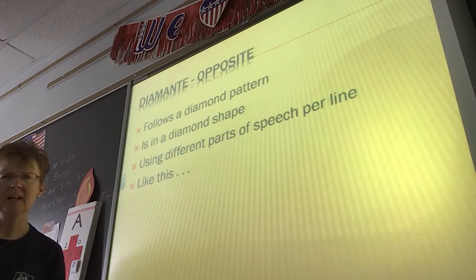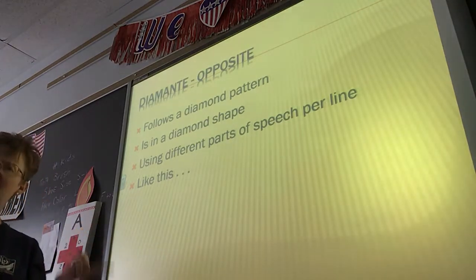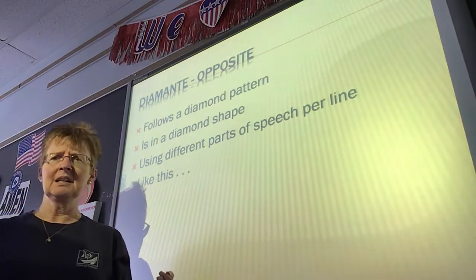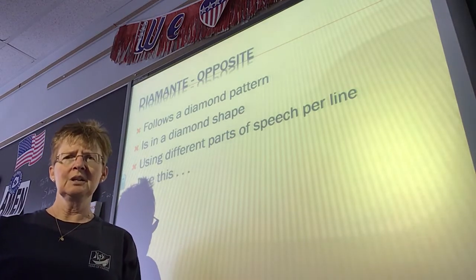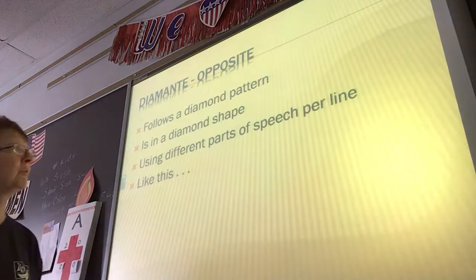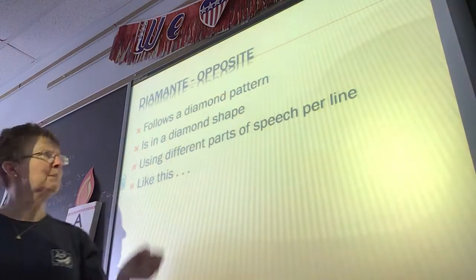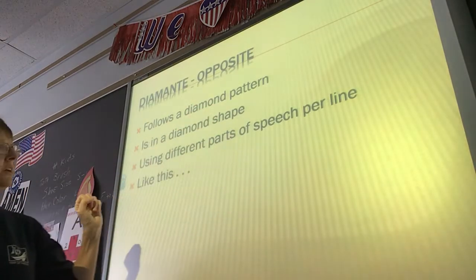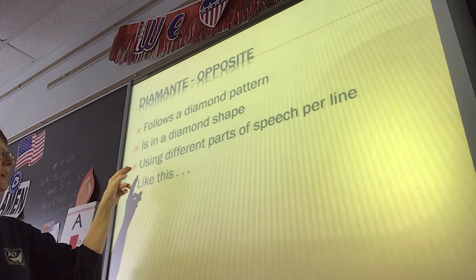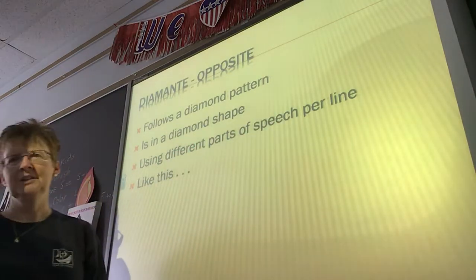Now we're going to look at a diamante poem. There's a diamante that's an opposite, and there's a diamante that's a mirror poem. So we're going to look at both of those, and then you can decide whether that's the kind of poem you want to do. Basically, it's in a diamond shape. It's a pattern that follows a diamond shape, using different parts of speech per line, such as this.